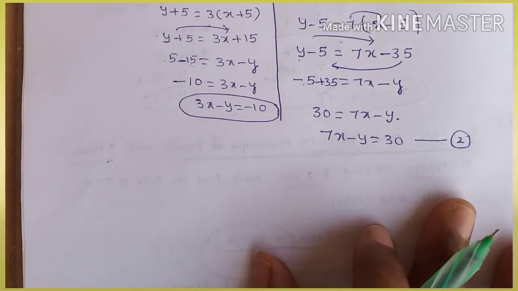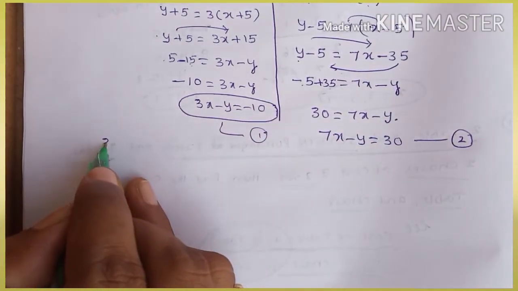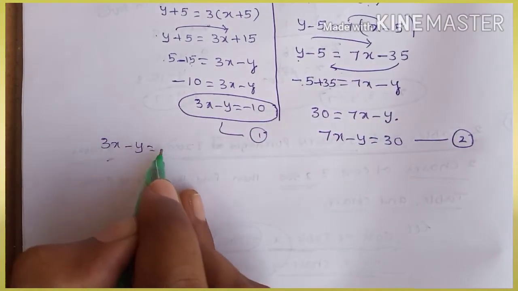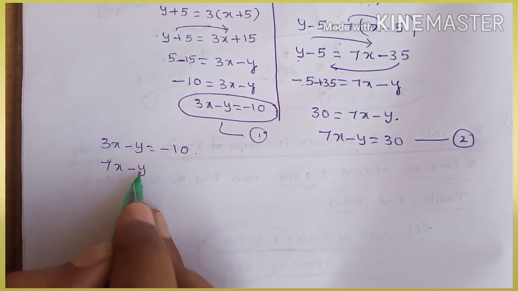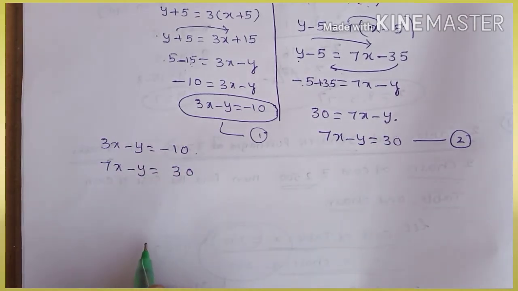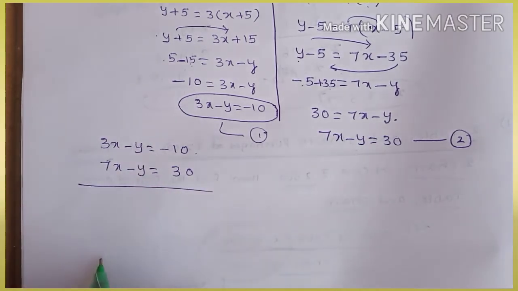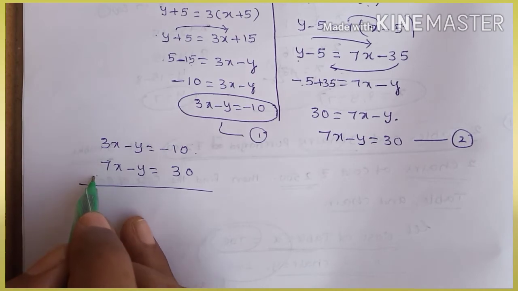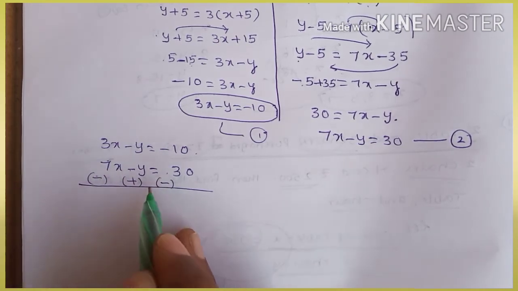Now solve these equations. Equation 1: 3x minus y is equal to minus 10. Second one: 7x minus y is equal to 30. We have to eliminate y now. Both have the same sign, so we change the signs of one equation.